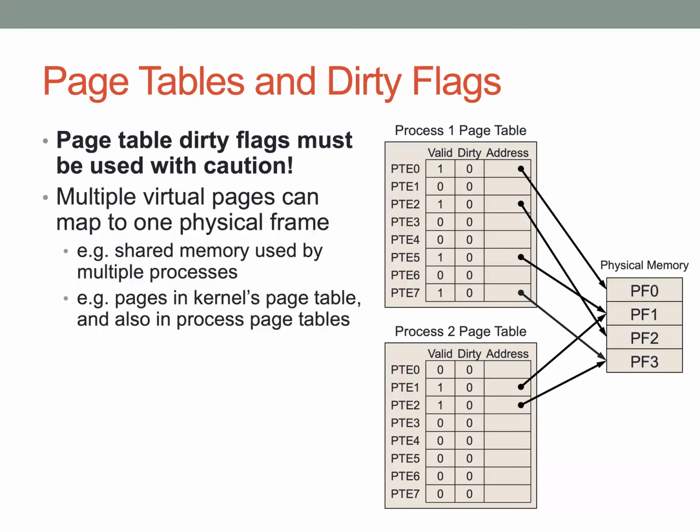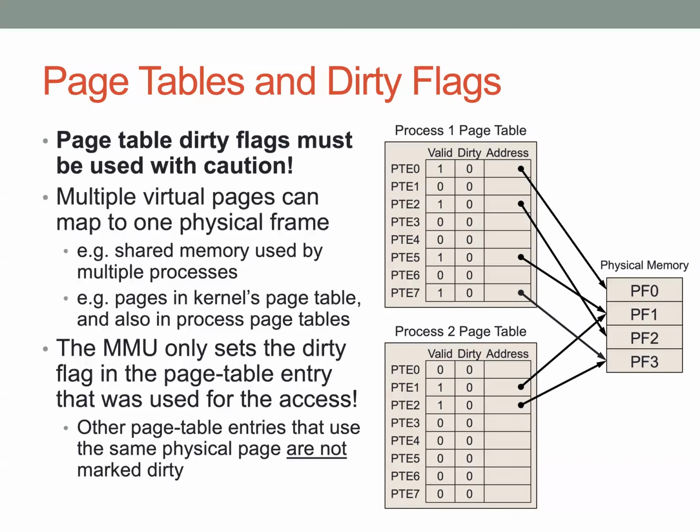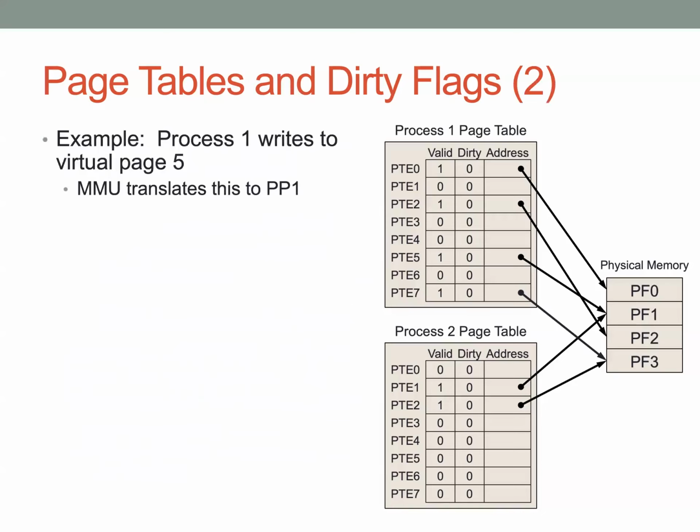So multiple virtual pages can map to one physical frame, and the MMU only sets the dirty flag in the PTE that was used for the access. So other ones in other processes that weren't the writer won't have their dirty bit set to 1 for that page.